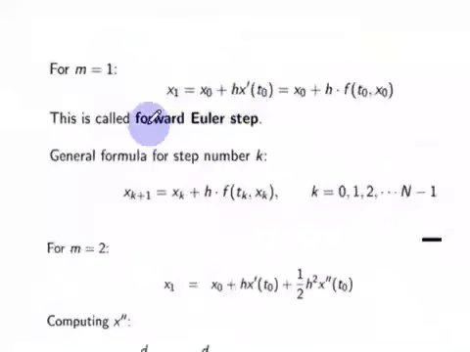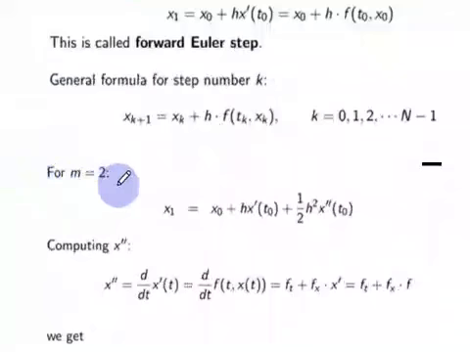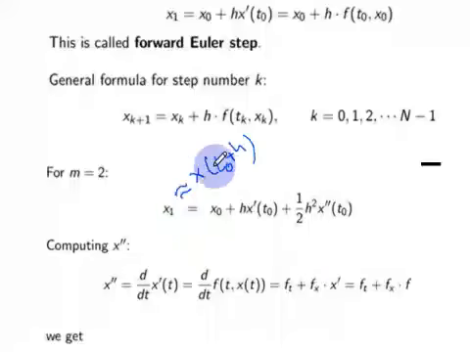Then we call it the forward Euler step, and you can consider three terms of your Taylor expansion. So this is an approximation to x evaluated at t naught plus h, or t1, x of t1.